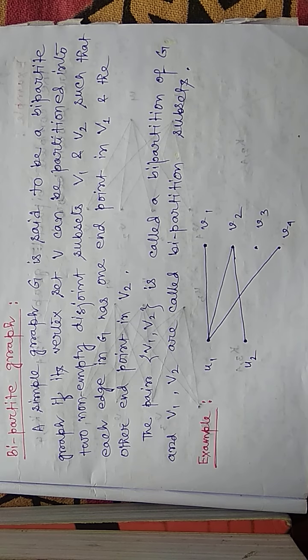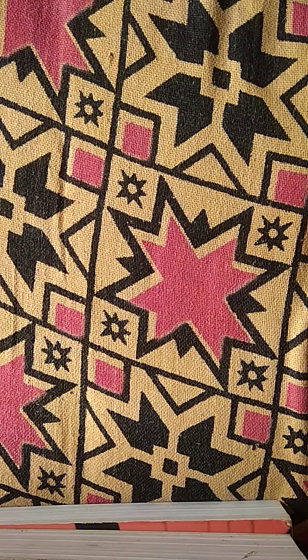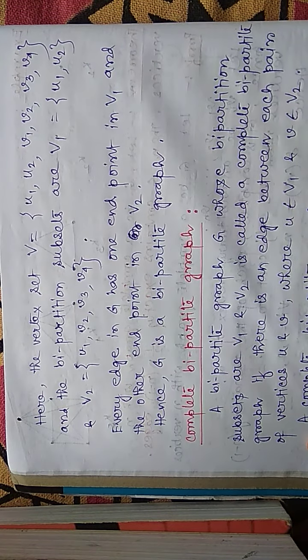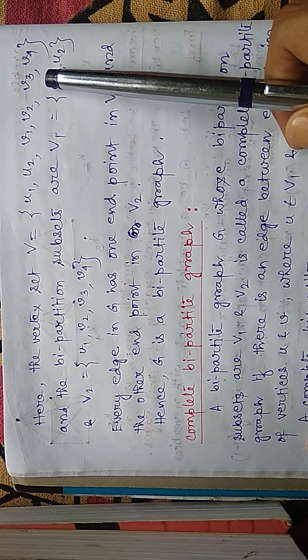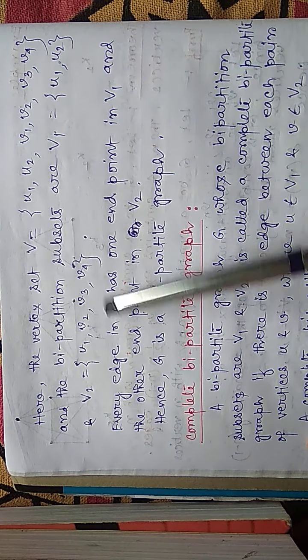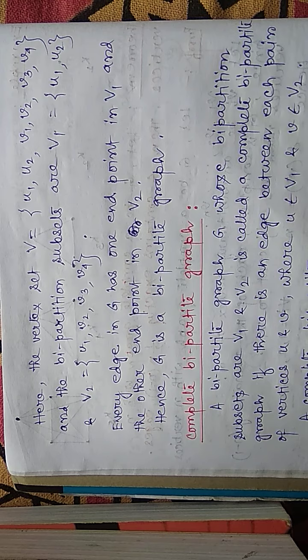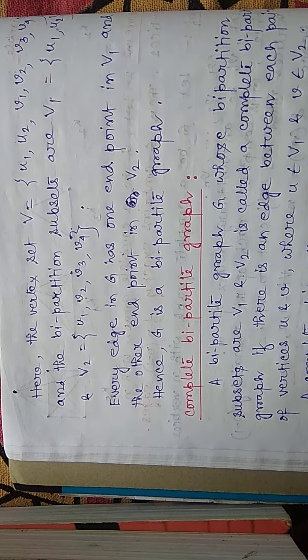So obviously this is a bipartite graph. Here the vertex set V is this, and with the bipartition subsets V1 and V2, each edge in G has one endpoint in V1 and the other endpoint in V2. Hence G is a bipartite graph.